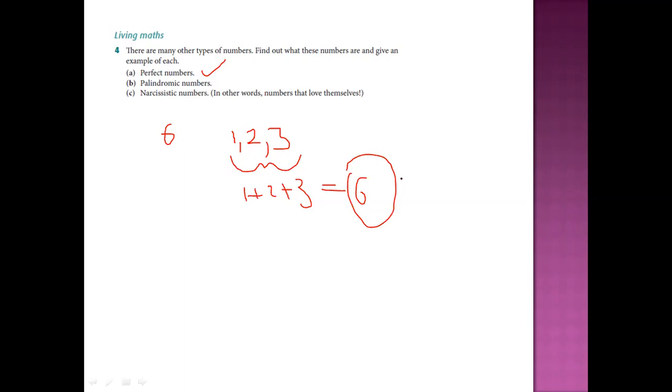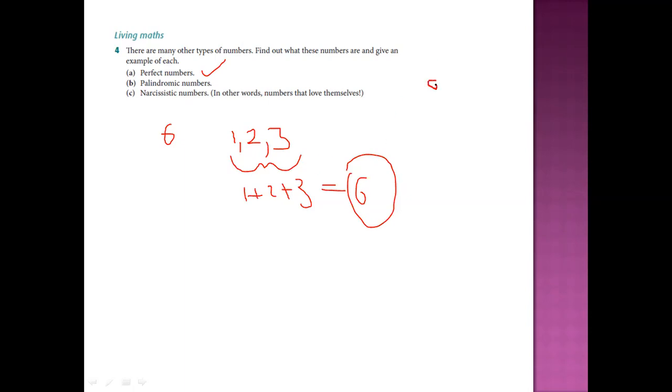And what is the second one? Palindromic numbers. Also I want to read the definition of palindromic numbers. They are numbers whose reading in the same direction is the same as reading in reverse. Example, 1, 4, 8, or 99.